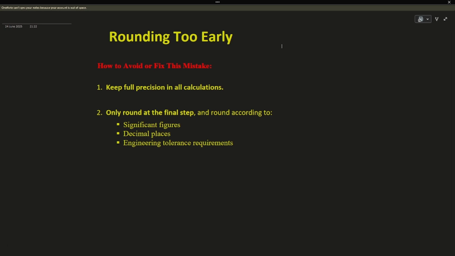Secondly, only round at the final step or answer, and round according to the significant figures, or the decimal places, or the engineering tolerance requirement. Remember, do all your calculations first, then round at the final step. This will keep the accuracy intact throughout.